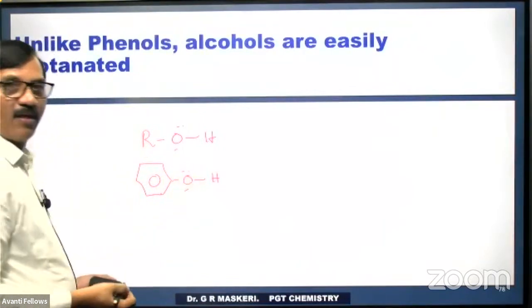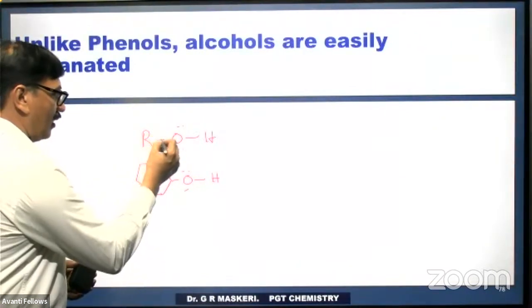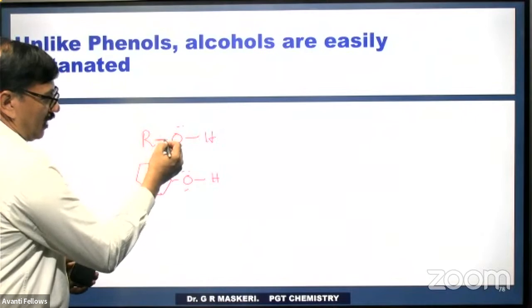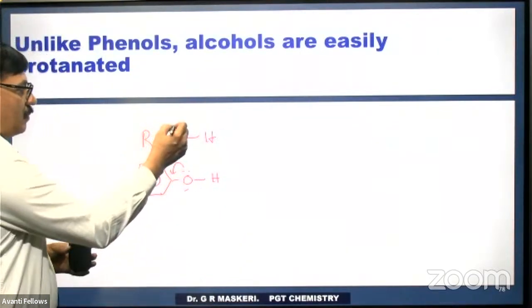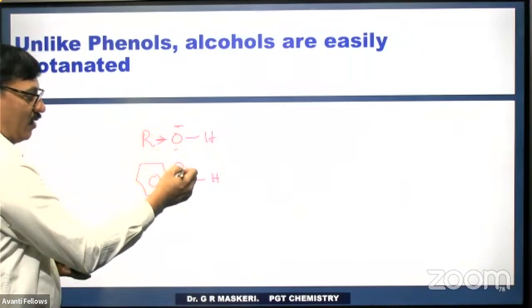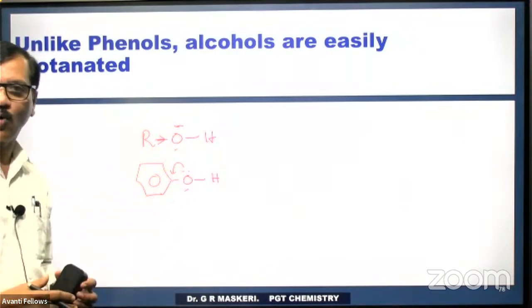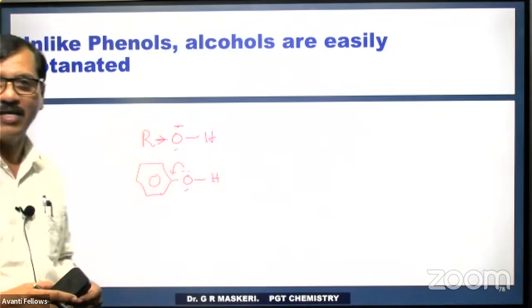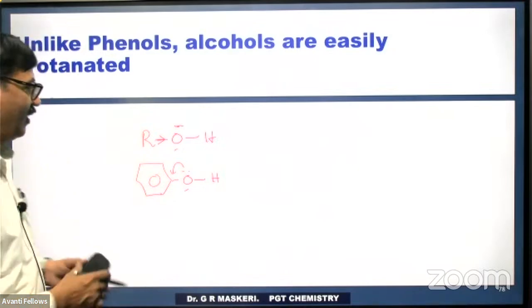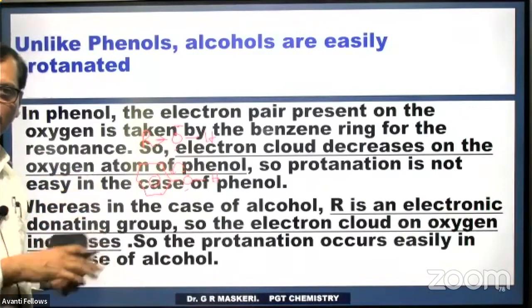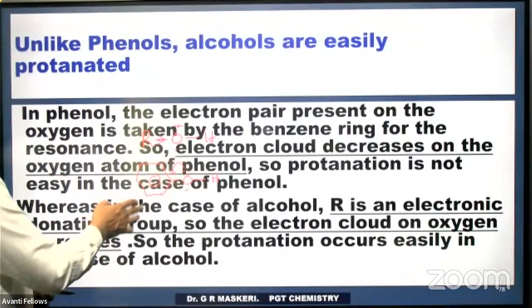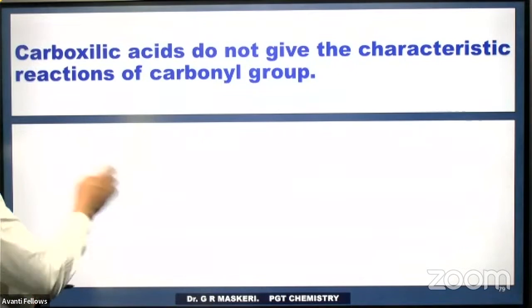The alkyl group is an electron donating group, so donation of electrons becomes easy, whereas in phenol these electrons are involved in the conjugation system, therefore it is not easily protonated. So that is the way of answering. If you elucidate the structure properly, you can give the answer, right?